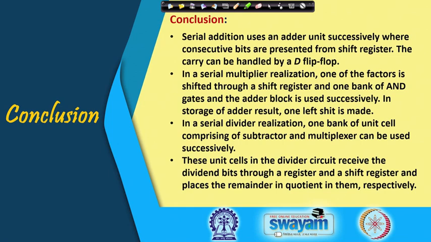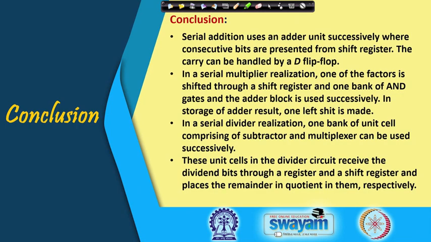In serial multiplier realization, one of the factors is shifted through a shift register and one bank of AND gates, and the adder block is used successively. In storage of the adder result, one left shift is made. So the storage part is made in such an intelligent manner that we do not require any separate shifting that we see in the multiplication process.